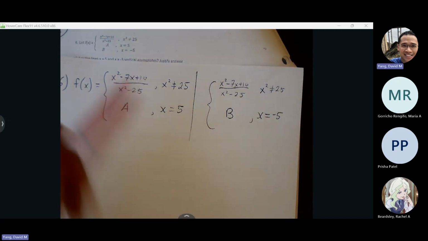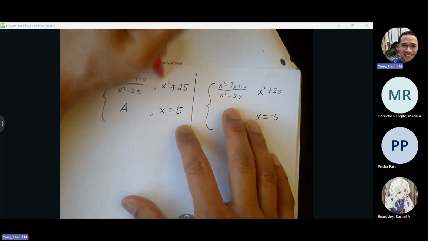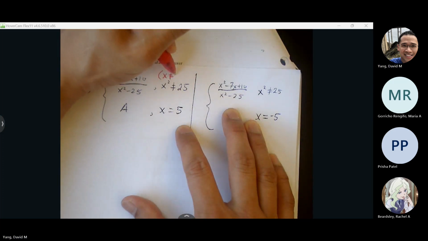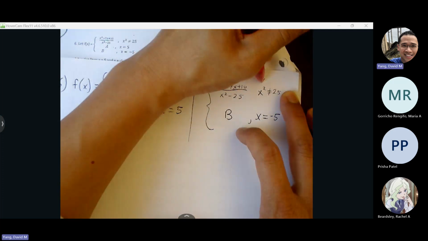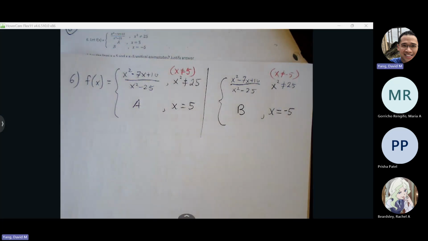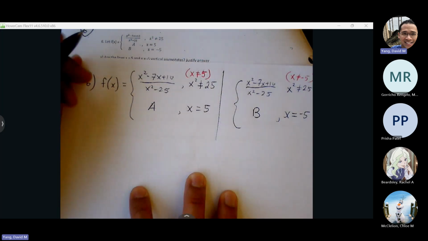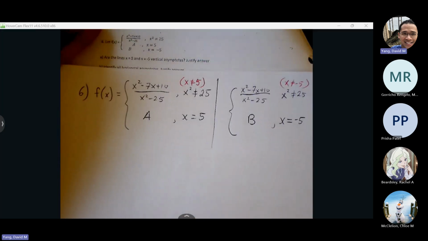So think of it as, okay, there's one scenario involving 5, another scenario involving -5. Just think of it as two separate problems. We'll work through the scenario for A, work through the scenario for B, and see if we can mine those two pieces of information alone.